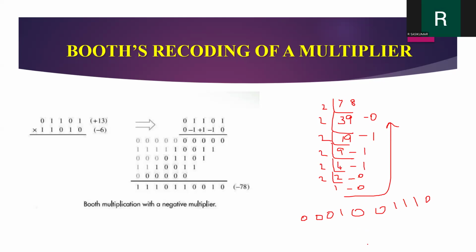Okay. Now minus 78 means you take a 2's complement. So for 2's complement, first you take 1's complement. 1's complement means 0 becomes 1, 1 becomes 0, 1 becomes 0, 1 becomes 0, 0 becomes 1, 0 becomes 1, 1 becomes 0, 0 becomes 1, 0 becomes 1, and 0 becomes 1. Okay.